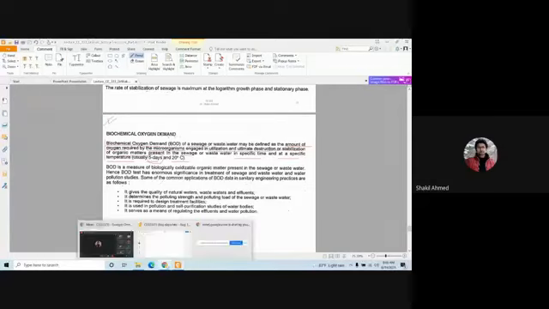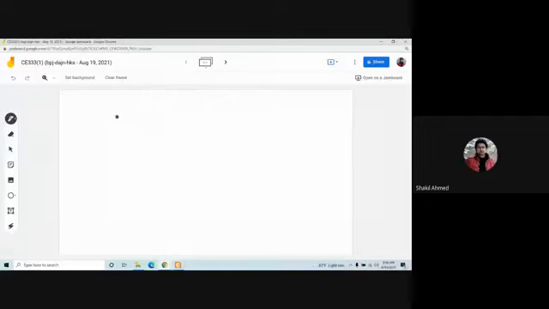So basically, although BOD is a measure of oxygen demand, what does it represent, guys? It represents how much organic matter is present in a water sample.